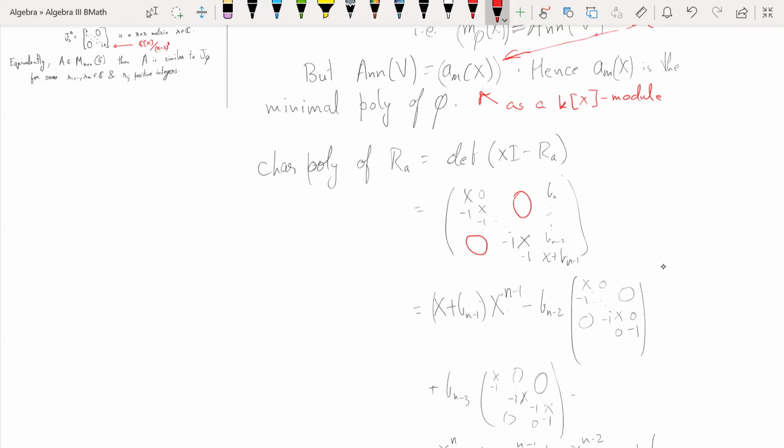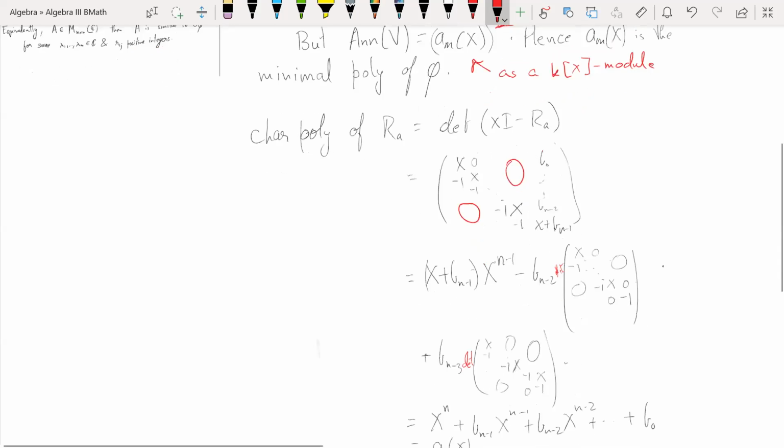So x in the diagonal, minus ones just below the diagonal, and then you have to move the last row up. So in the last row you get 0 0 0 minus 1. This is what you get. Again this is a lower triangular matrix, so to calculate the determinant of this guy, all these are determinants.